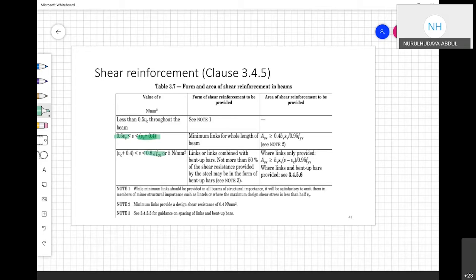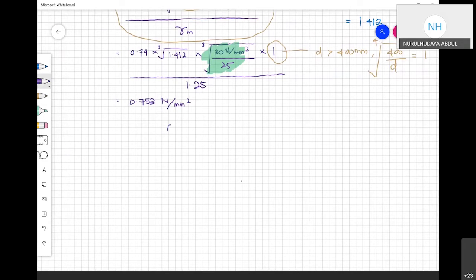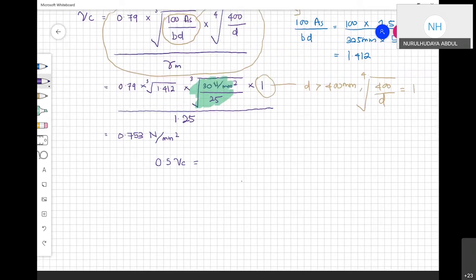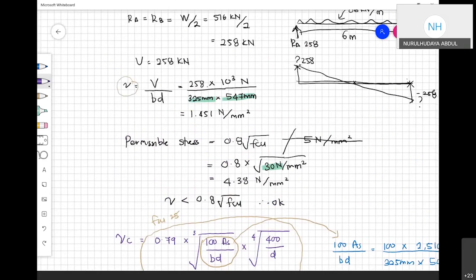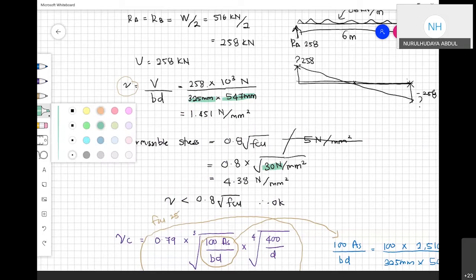But VC plus 0.4 and 0.5 VC we have not calculated yet, so we have to compare. Take the VC value of 0.753, multiply by 0.5, which gives 0.377. Then compare with the value V, which is the shear stress at cross section. The V we have here is actually 1.451.